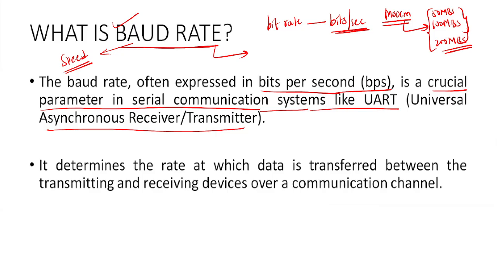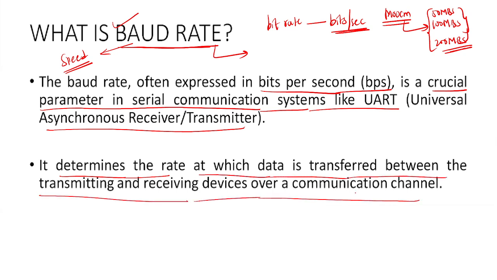It determines the rate at which data is transmitted between the transmitting and receiving devices over the communication channel. That is, how fast the data is transmitted between transmitter and receiver. IBM has given some particular baud rate standards that we need to follow in serial communication.